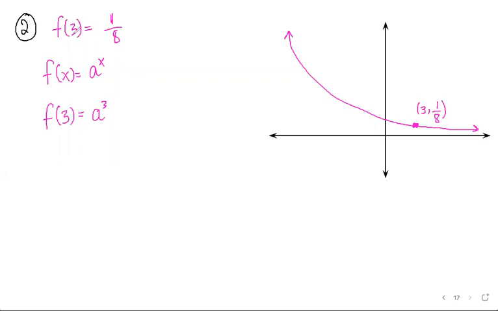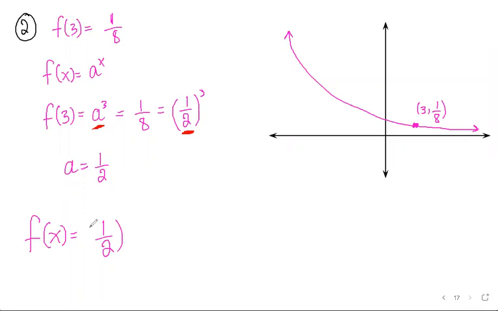And this equals 1/8, and this one equals 1/2 to the 3. This means the value of a is the same as the value here, 1/2. So a equals 1/2. So my function now is f of x equals 1/2 to the x.